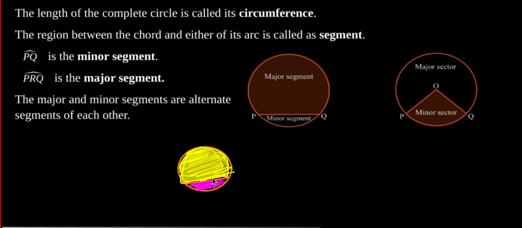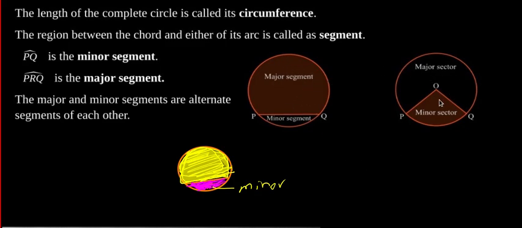If the region is in between the chord and the minor arc, the smaller arc, it is called a minor segment. The region in between the chord and the major arc is called a major segment.